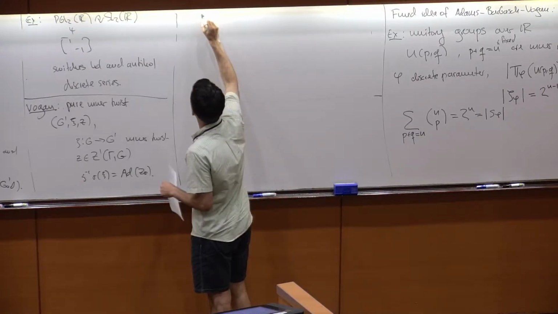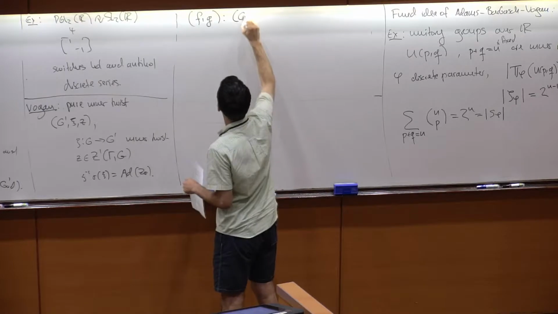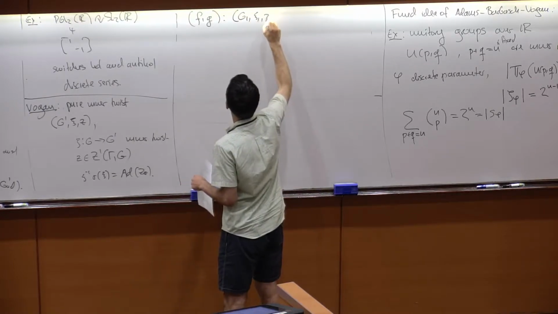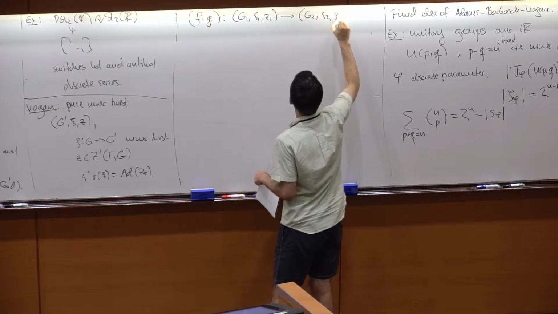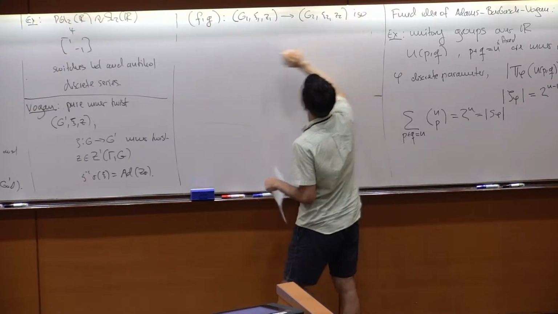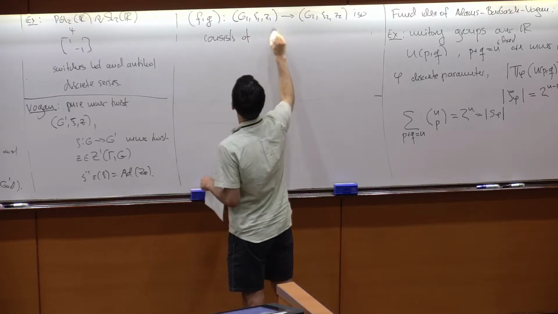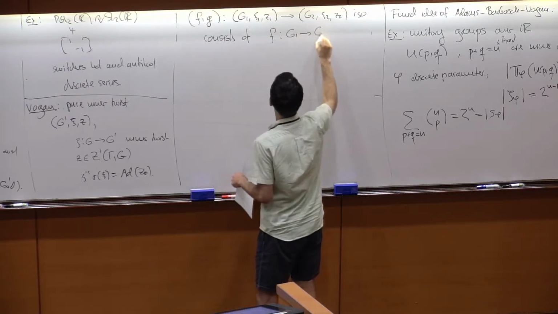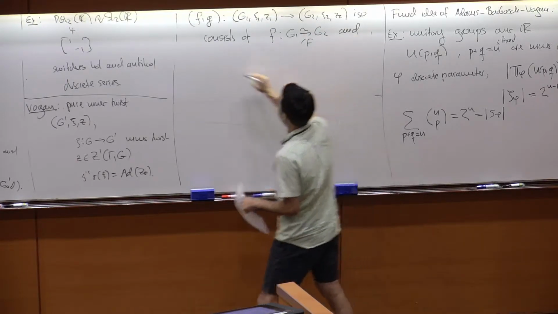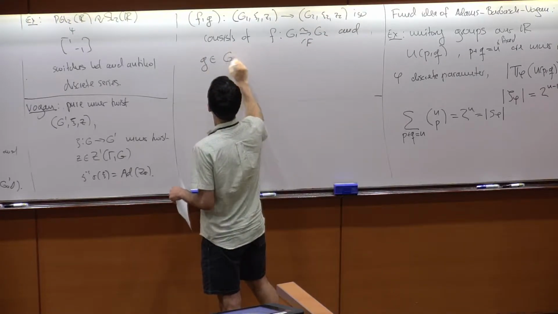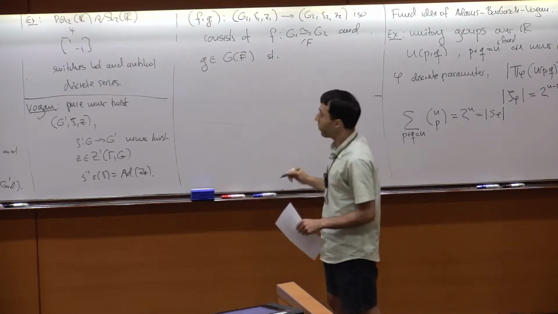So an isomorphism between two such things consists of an isomorphism over F between G1 and G2 and an element g in G of F bar with the following property.